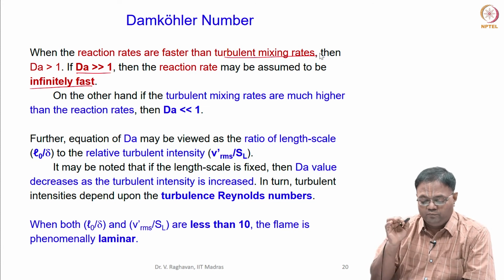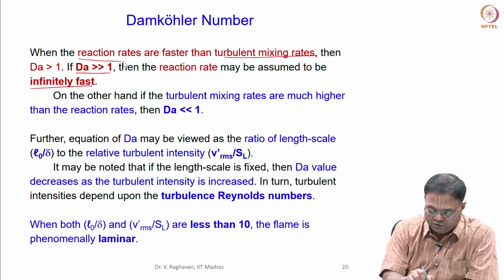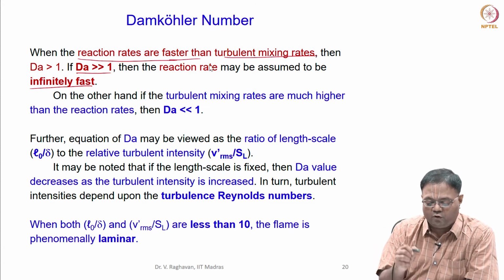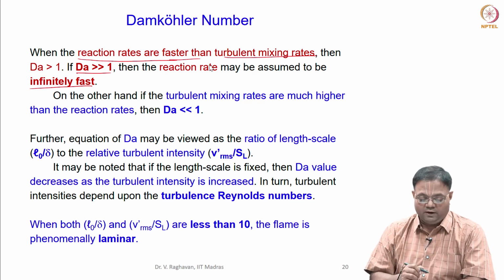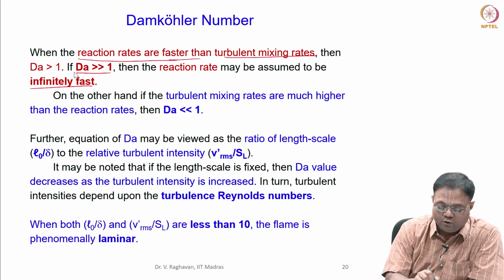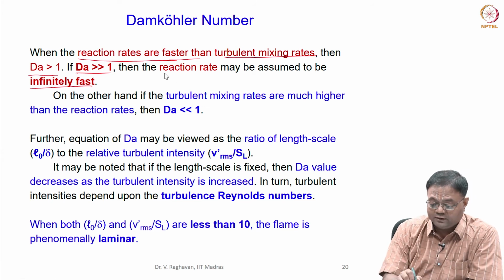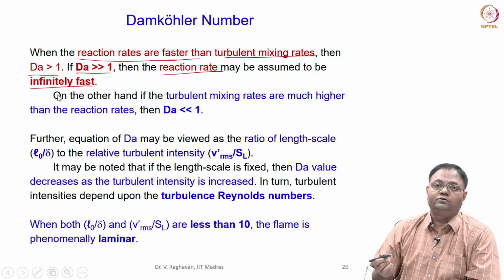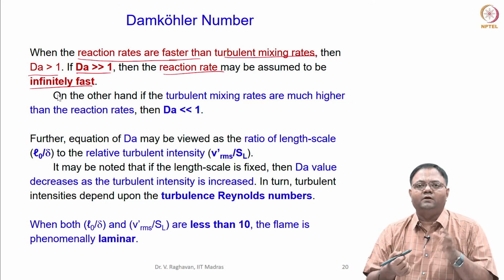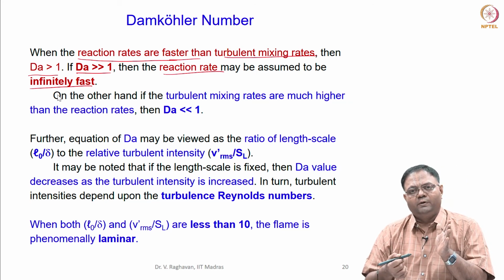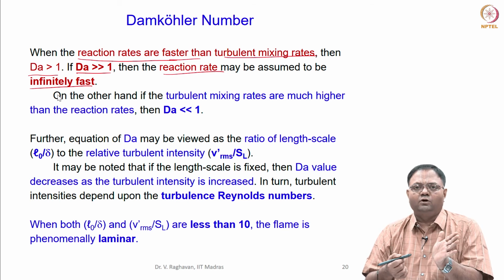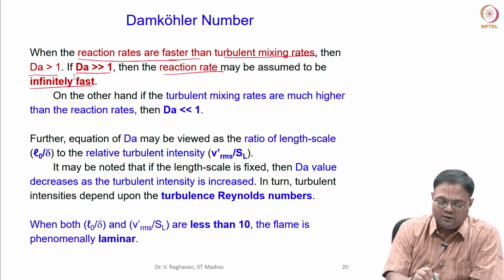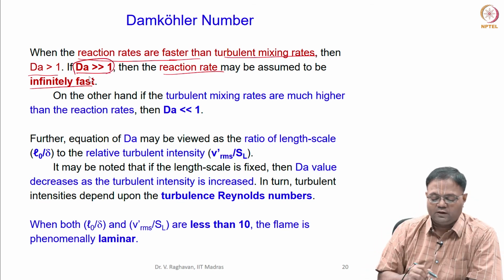But when the set of reactions we use are faster than the turbulent mixing rates, then the Damkohler number will be greater than 1. When the reaction rate is assumed to be infinitely fast, with very reactive species and a very high flame speed, the reaction zone is extremely thin, and we have the Damkohler number much greater than 1.